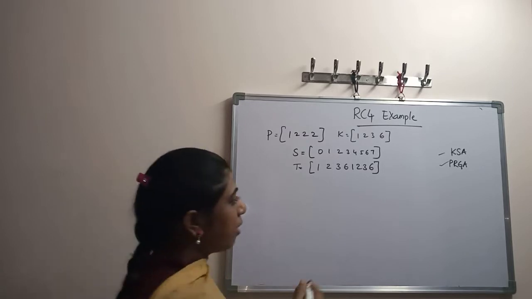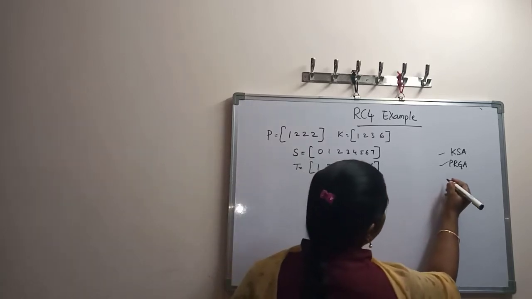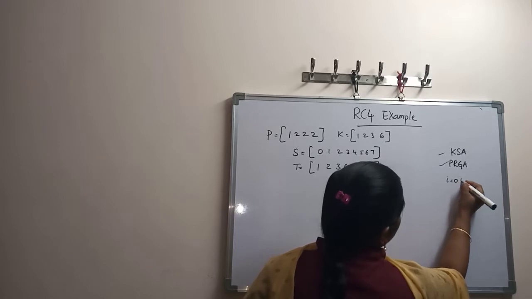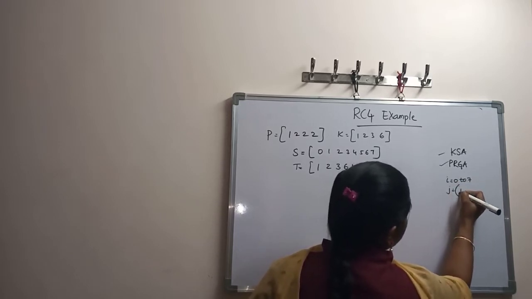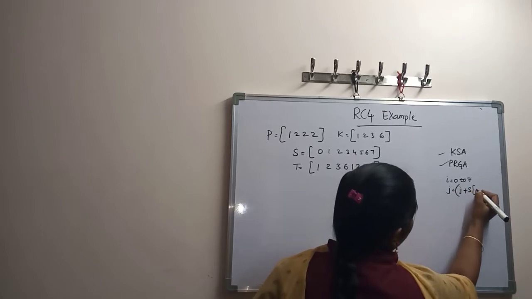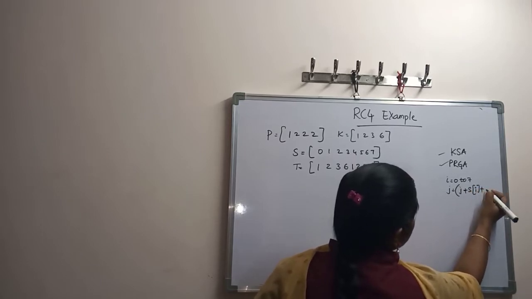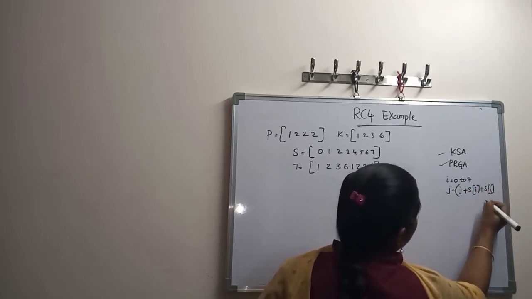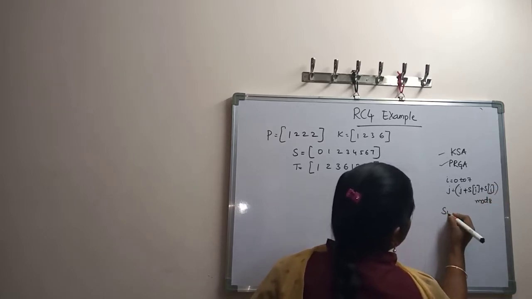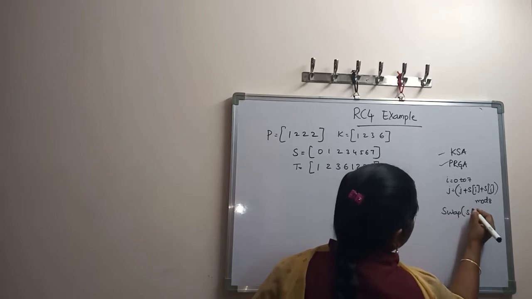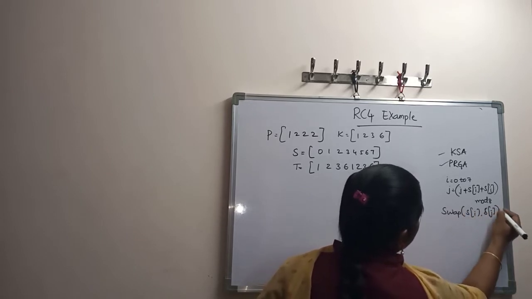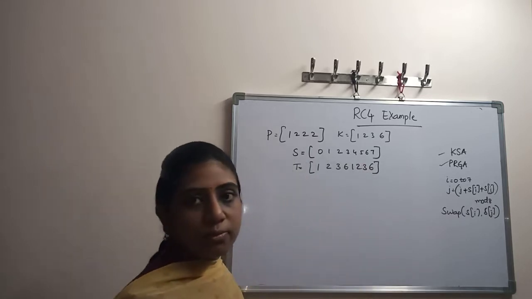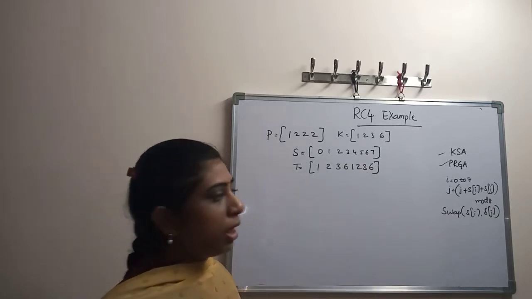In KSA we have the code: I equals 0 to 7, J equals J plus S of I plus S of J, mod 8, and swap S of I comma S of J. Using this we are going to do the process.